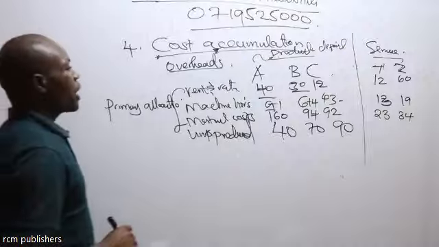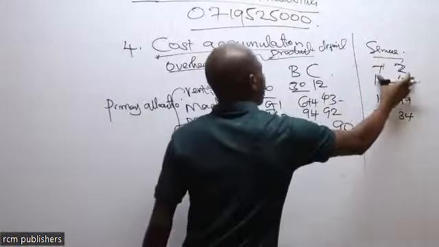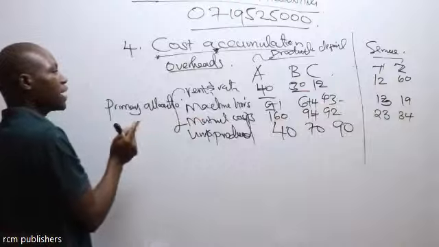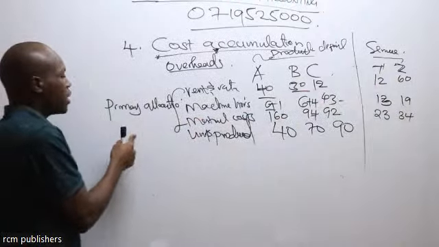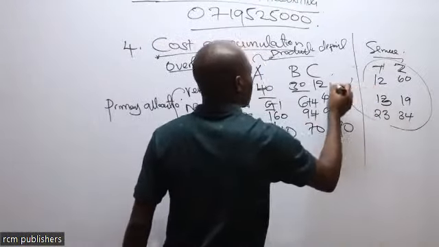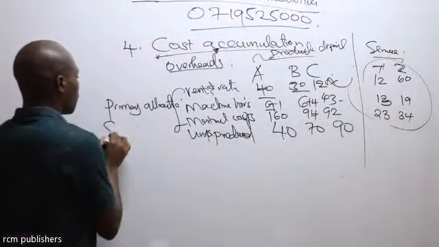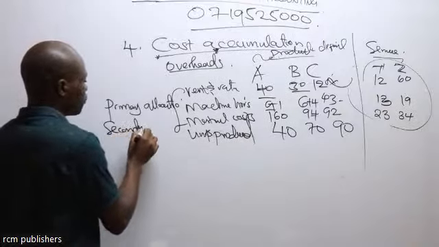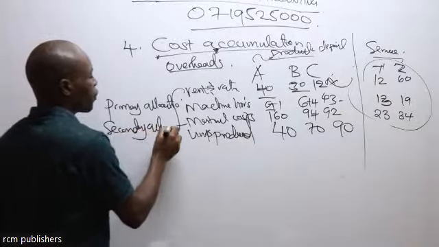And then we are going to take whatever is in the service department and distribute it to the production departments. When we transfer these to the production departments, we call it secondary allocation.